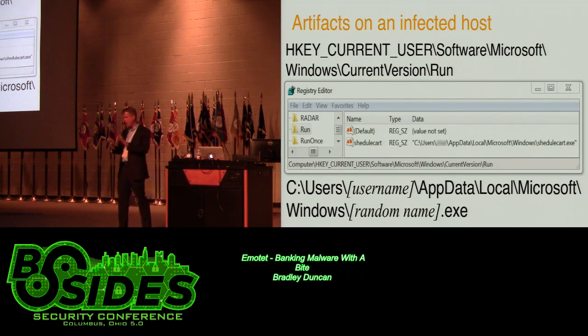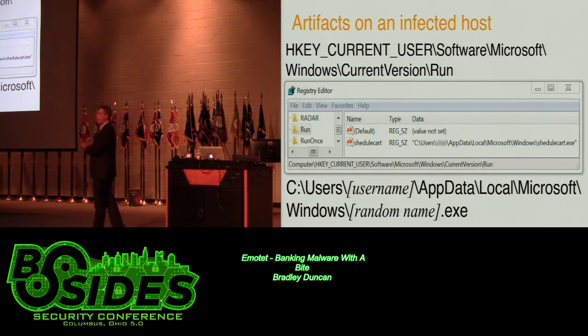Many times computers are getting infected in some sort of corporate environment where they don't have administrative privileges, so you pretty much have to operate within what that user has access to.